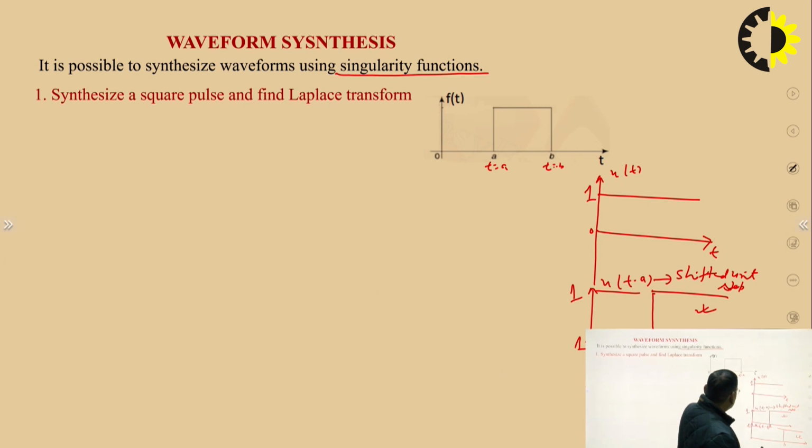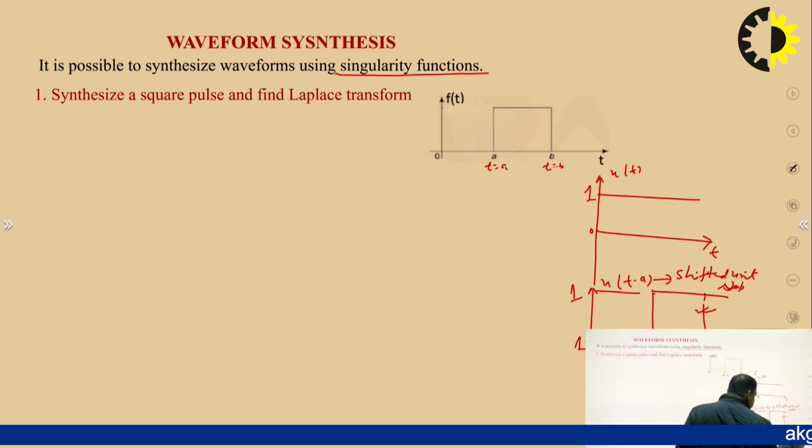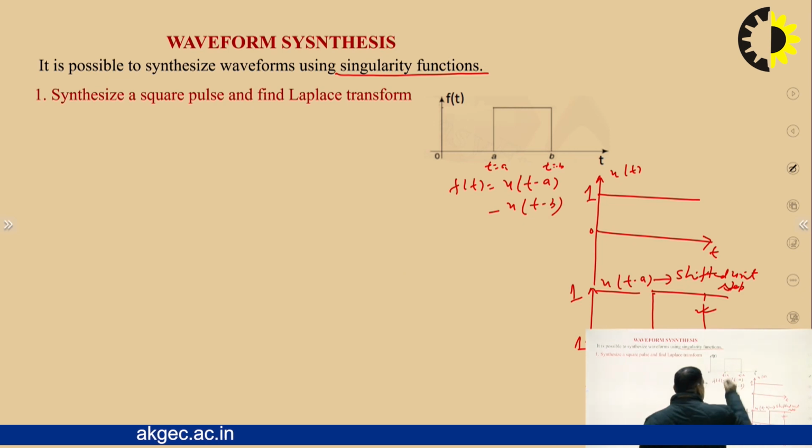One unit step is starting at t is equal to a, and another one is starting at t is equal to b. So if we subtract u(t minus b) from u(t minus a), we get this. So f(t) is nothing but a combination of two unit steps, u(t minus a) and u(t minus b). This square pulse we can get by synthesizing two shifted unit steps.